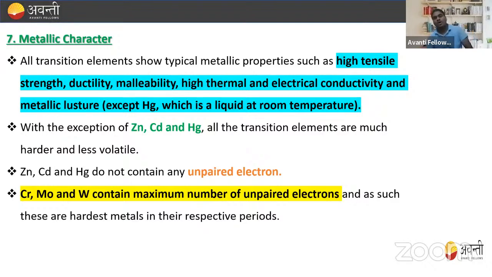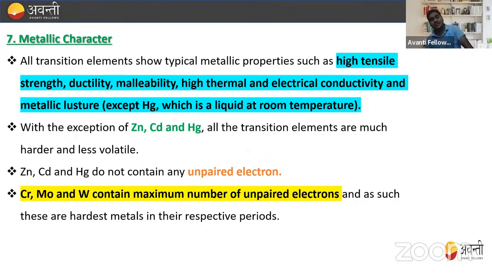So remember this, all transition elements show typical metallic properties.